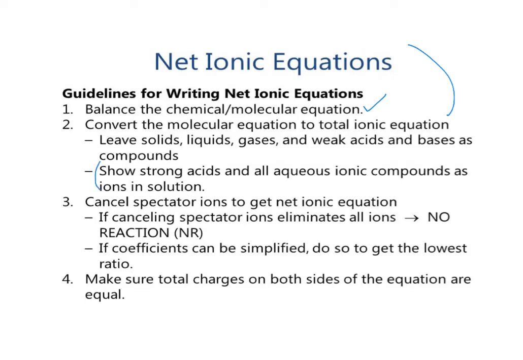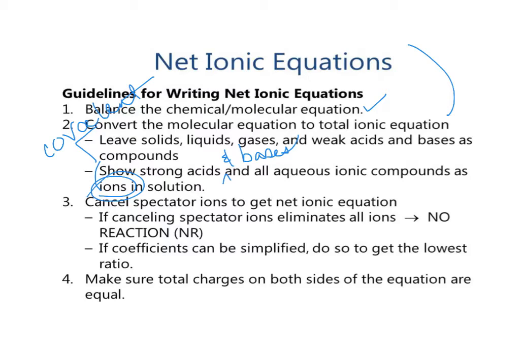Strong acids and bases, and all ionic compounds that are soluble in water get split up into individual ions. Any type of covalent compounds, as well as weak acids and bases, are left intact. Okay, they don't separate into ions.